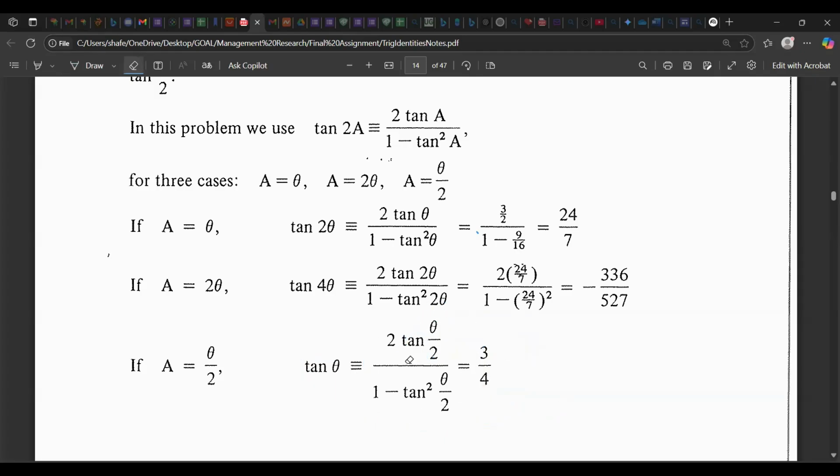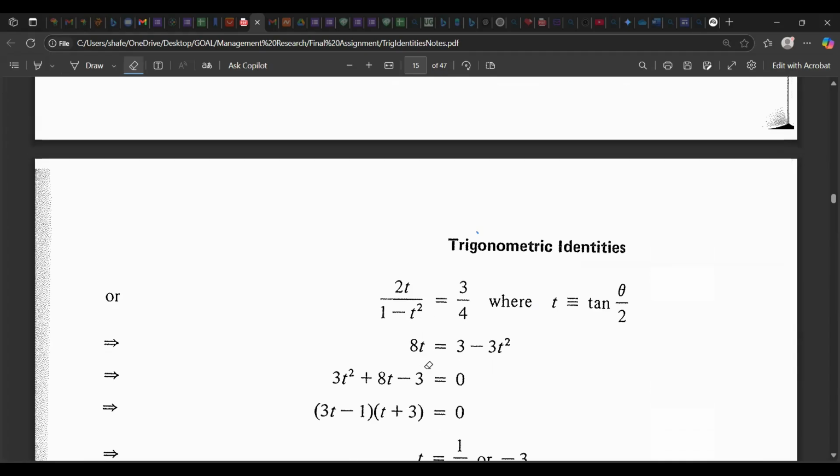Let's see what we can do with this here. What we do is replace tan theta upon 2 with a little t. This is a nice introduction to a new concept. Later on, we'll learn about what we call the little t formula, where we are able to express sine, cosine, and tangent in terms of little t.